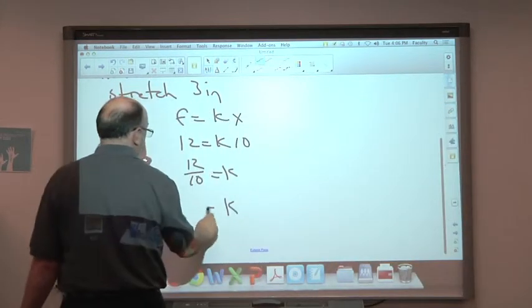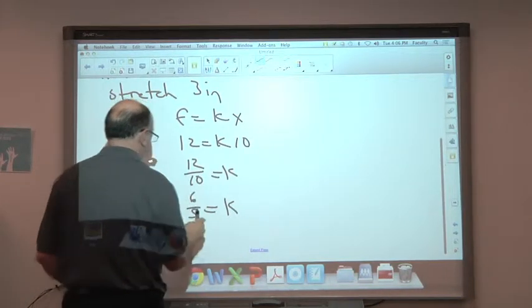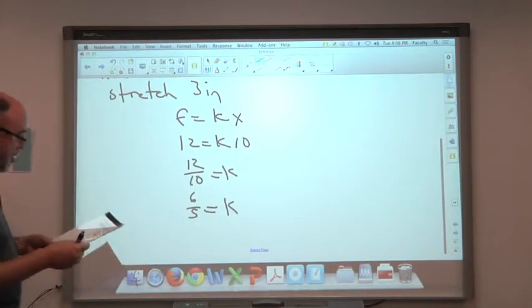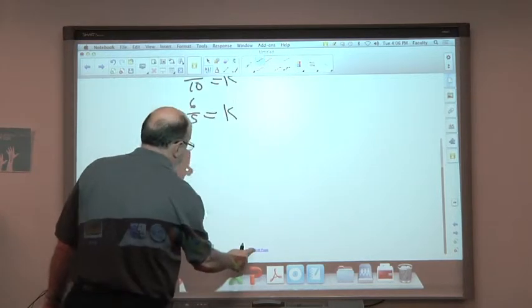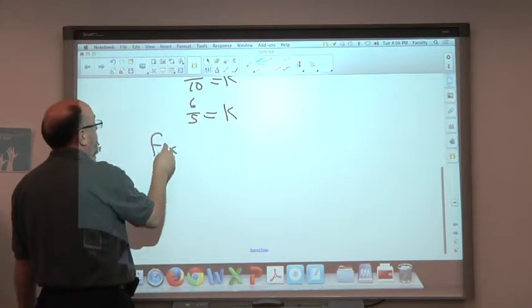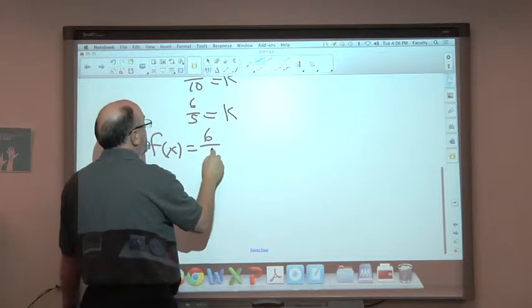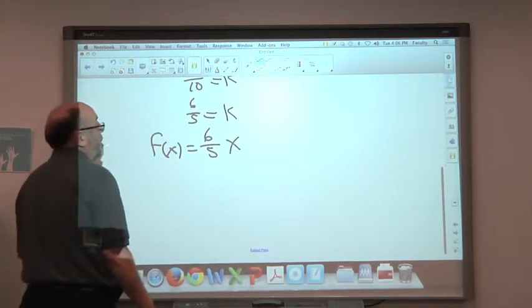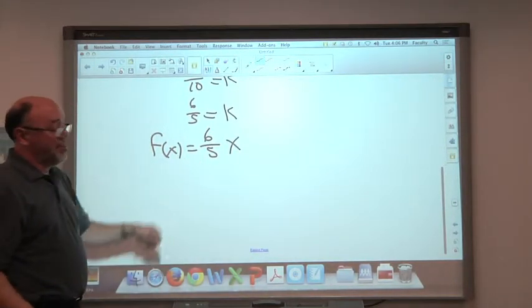So that is the k value for our spring. And so f of x for my spring will be given by 6/5 x. This is what we're going to use in order to get the work done.